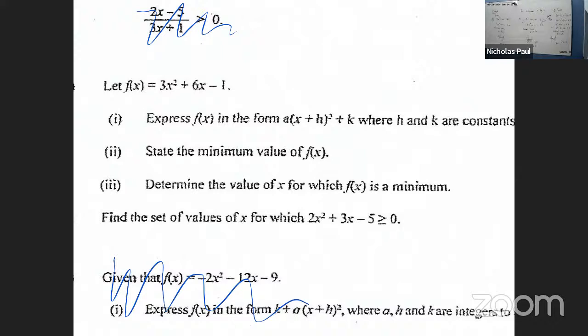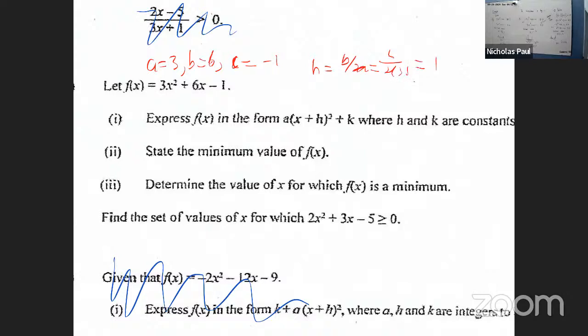I started to check it to make sure you have the first few parts correct. A is 3, B is 6, C is -1. Right away, define H and K. H is B over 2A. So I got 6 over 2 by 3, which is 1.